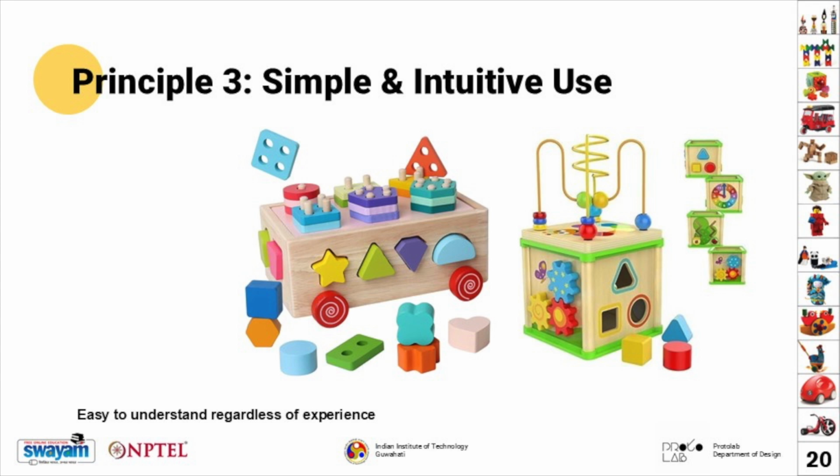For instance, shape sorters are played correctly across cultures because their rules are embedded in the object itself. No translation is required. No adult mediation is required. This principle ensures that entry into play does not depend on background knowledge. The toy invites participation universally.